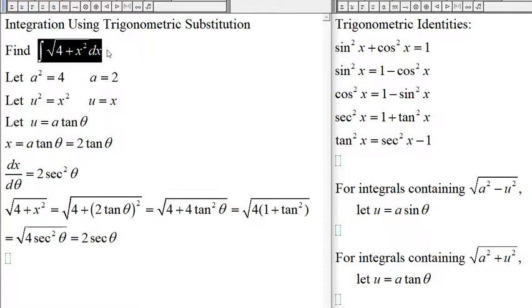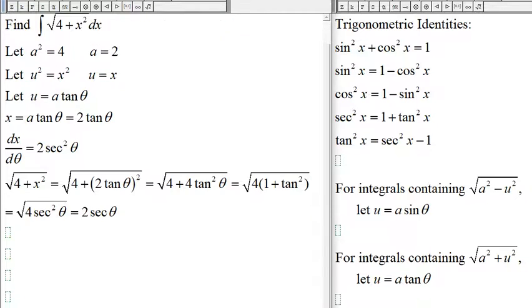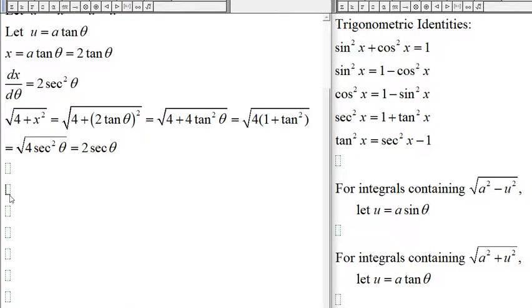Now we start with the integral. So this becomes 2 secant of theta, since the square root of 4 plus x squared is 2 secant theta.